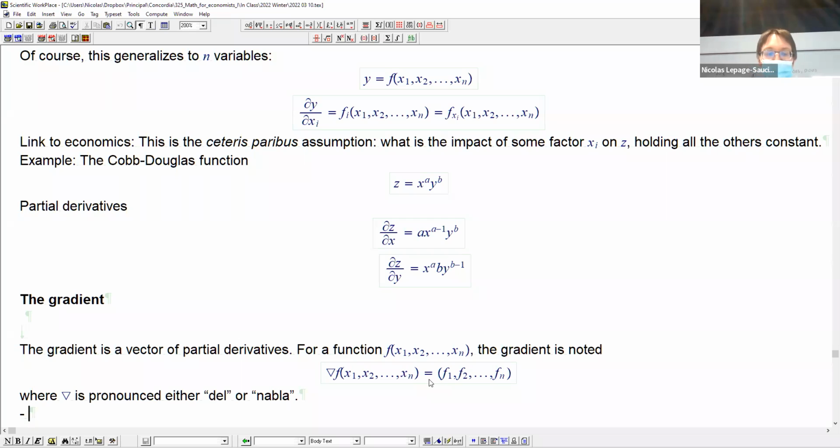So what do we use that for? Well, it's especially useful for optimization. Now we're getting into more mathy territory, but not just for that.